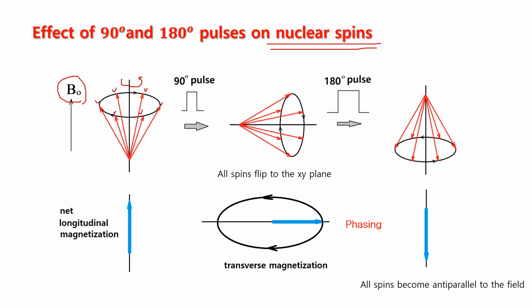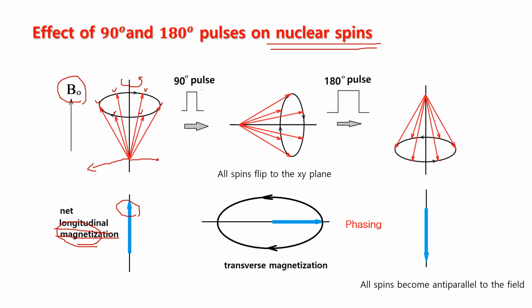So if we do the vector sum, only longitudinal magnetization survives, and transverse magnetization becomes 0, because the x and y components of the nuclear magnetic moments are all cancelled out. So there's only longitudinal magnetization.